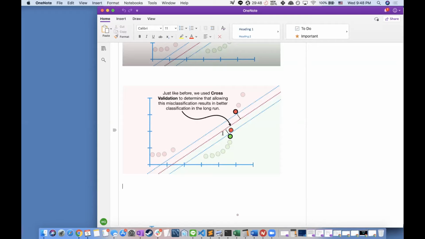Any instance that's not a support vector, i.e. is off the street, has no influence whatsoever. You could remove them, add more instances, or move them around, and as long as they stay off the street, they won't affect the decision boundary. Computing the predictions only involves the support vectors, not the whole training set.